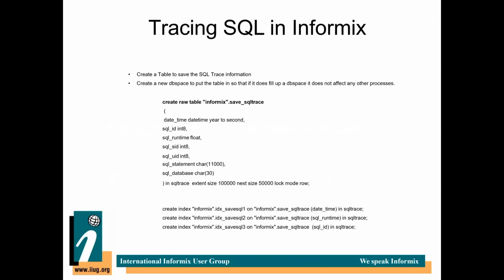So here's an example of creating a table. I basically just copied information from the original table and created my own to save that information, and then created some indexes so I could search on them quickly.